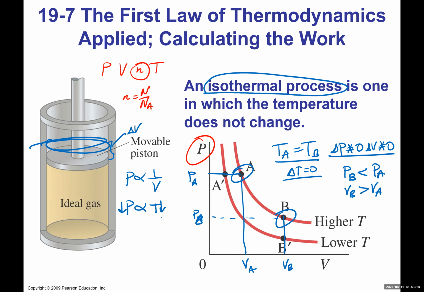So right away there seems to be a disagreement with what we learned before. If I'm increasing volume, pressure decreases, and if the pressure decreases, temperature should also decrease. But we're saying that temperature is constant. How can we have that?